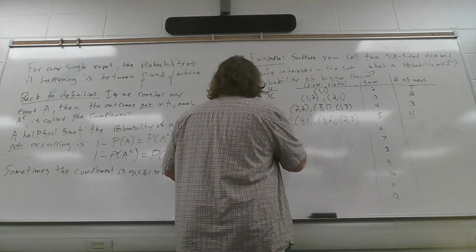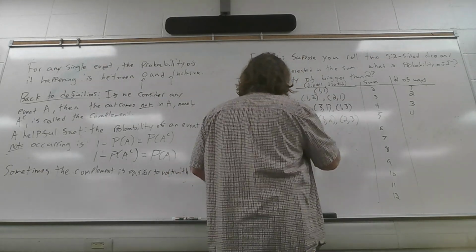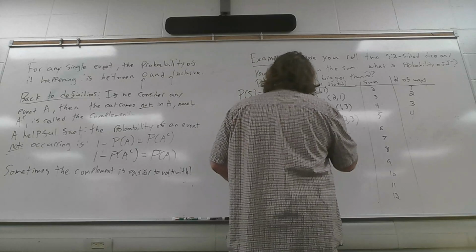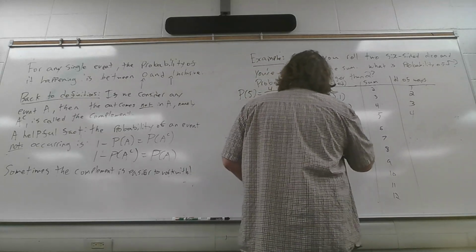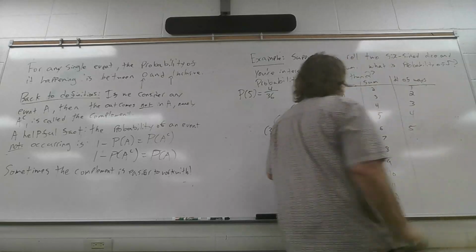So we'll just keep going here. So 6 is 1 5, 5 1, 2 4, 4 2, and 3 3. That gives us 5.